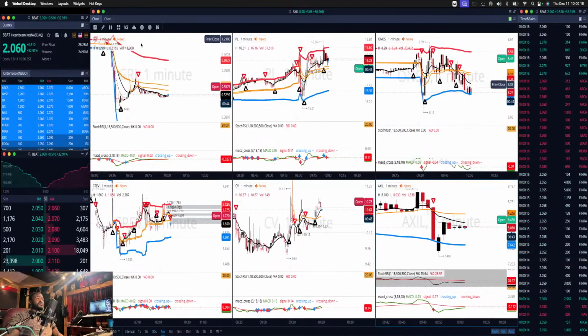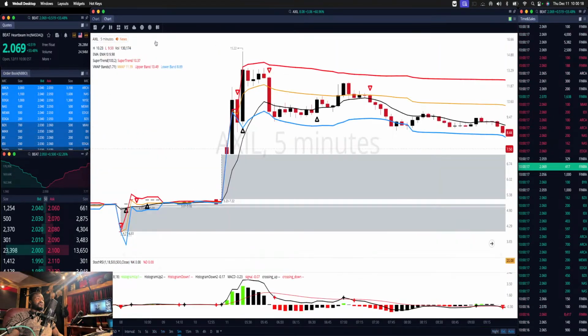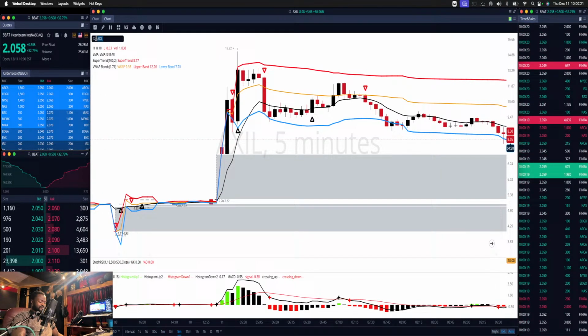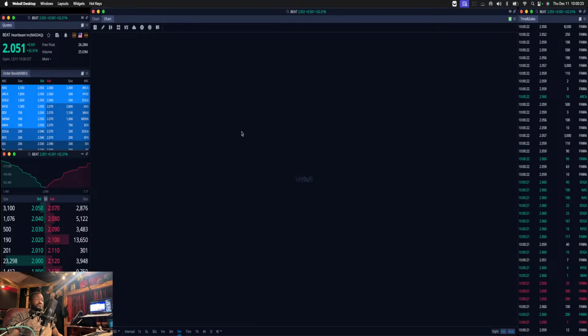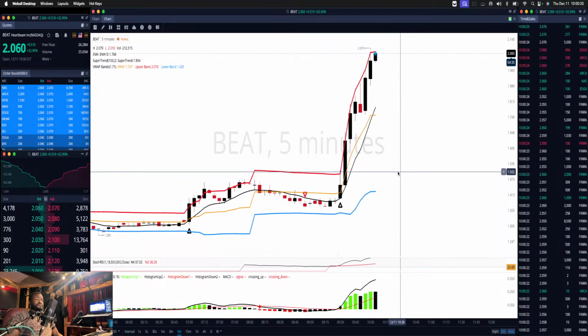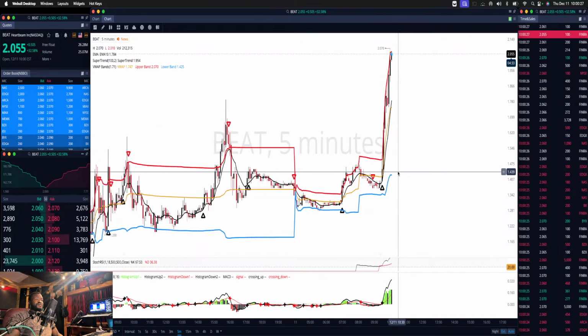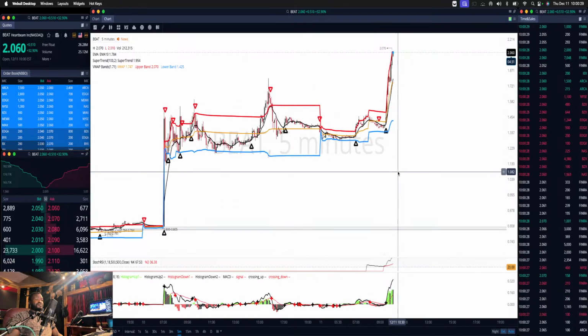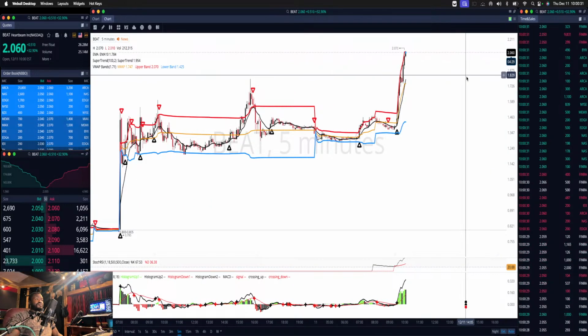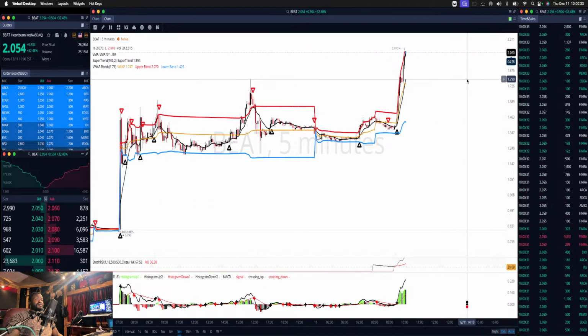Let's go to this screen here. It's the 5-minute chart here. So this will be 179. I think that's where I'm actually going to wait at.